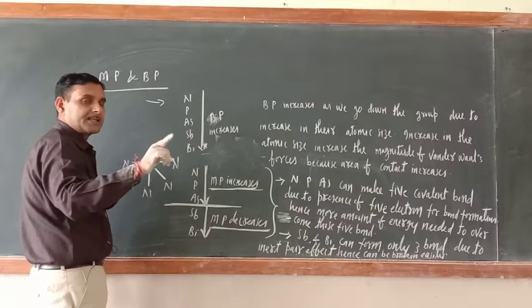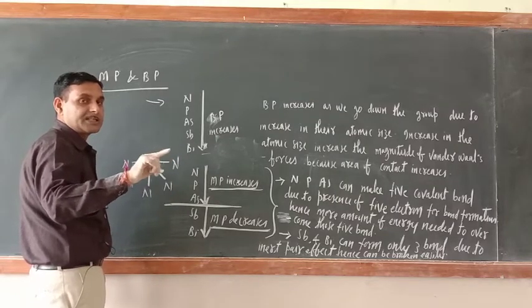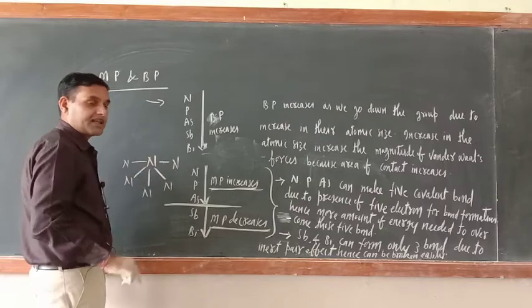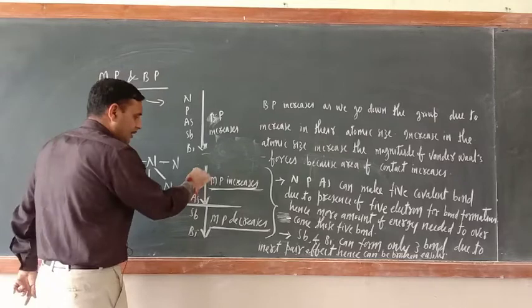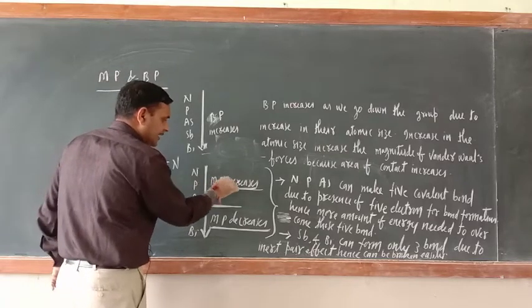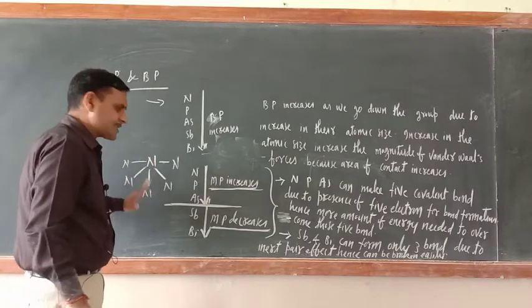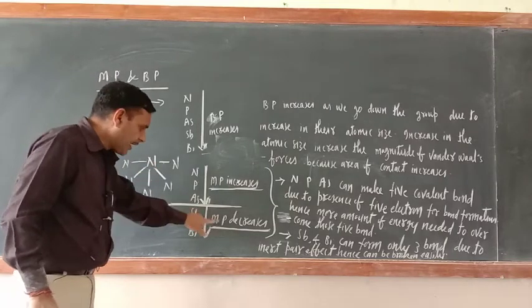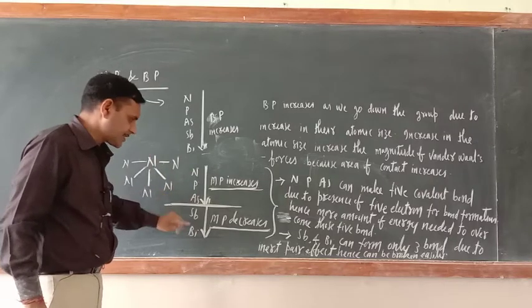Now to break these 5 bonds, you have to supply more amount of energy in the form of temperature. That is why melting point here is increasing. The basic question arises here: why is it decreasing here, why increasing here? So simple thing, just see.